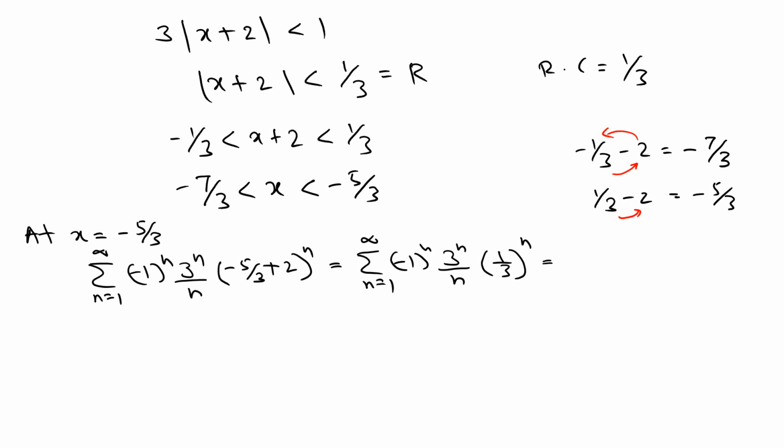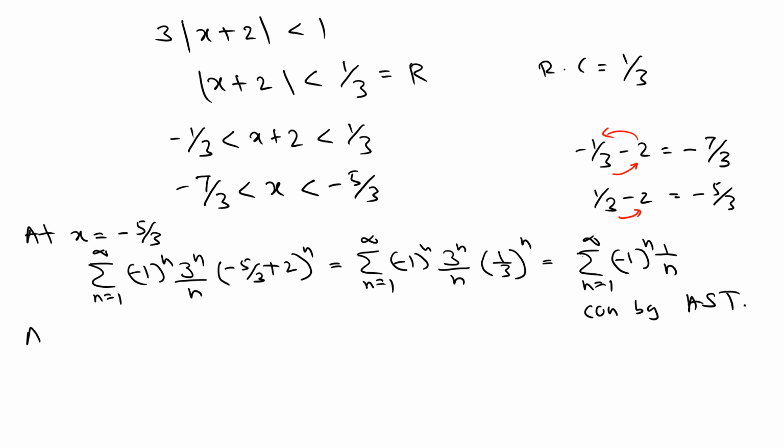Now 3 and 3 to the n get cancelled, so you simply end up getting n going from 1 to infinity, negative 1 to the n, 1 over n. Now you can see this converges by the alternating series test. So very easy to see.